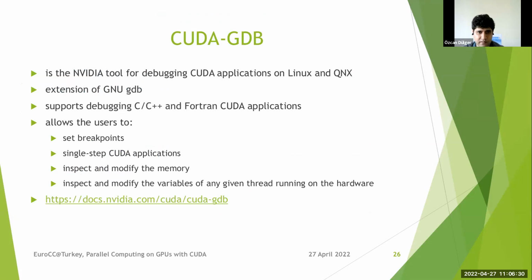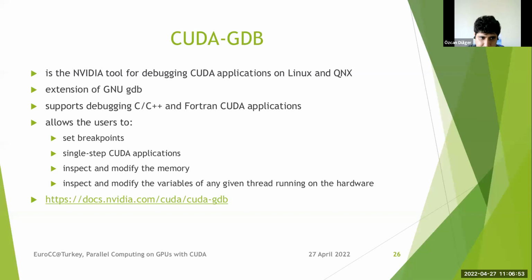Let's continue with another debugging tool, the CUDA GDB tool. CUDA GDB is the NVIDIA tool for debugging CUDA applications on Linux and QNX, and it is an extension of GDB. It supports debugging C, C++, and Fortran CUDA applications.